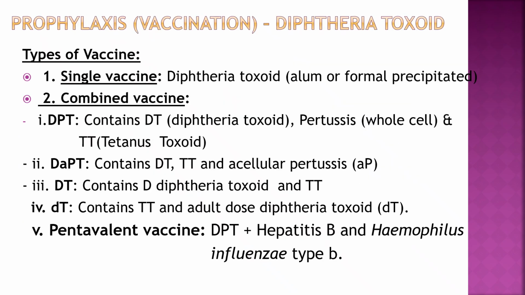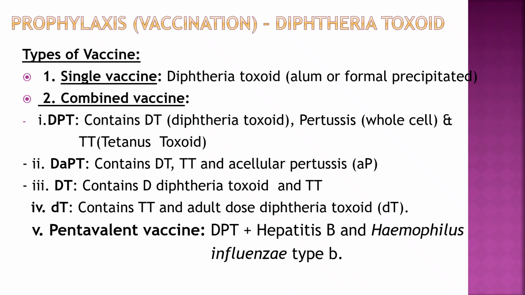Now prophylaxis is through vaccination. Diphtheria toxoid is used as a vaccine. There are 3 types of vaccines: the single vaccine, combined vaccine, and pentavalent. The single vaccine is diphtheria toxoid, alum or formal precipitated vaccine. Combined vaccines: DPT, that is diphtheria, whole cell pertussis, and tetanus toxoid.